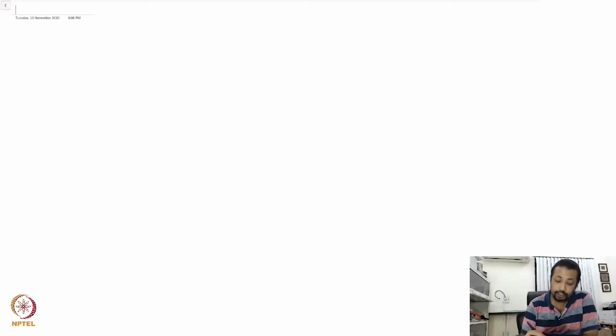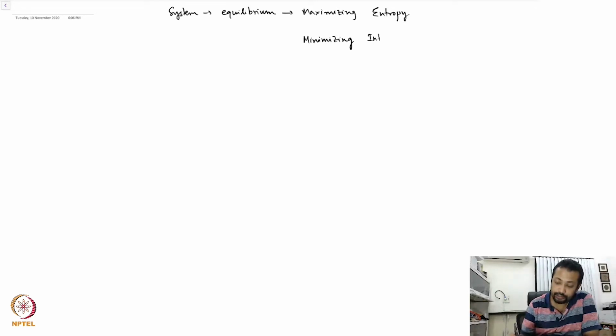Welcome back. So we looked at the stability criteria for a thermodynamic system, and we essentially said that a system goes into an equilibrium by maximizing entropy, or alternatively minimizing internal energy.